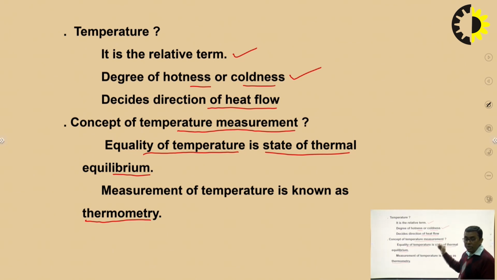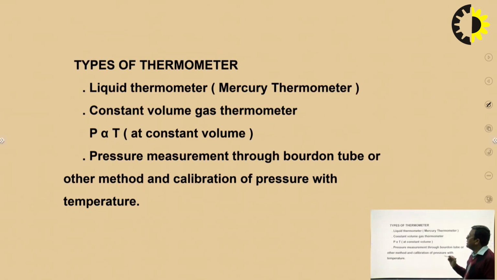Now moving towards temperature measurement. What are the different concepts through which we can measure temperature? We are not only focusing on the optical pyrometer here, but at least we must know the basic concepts.